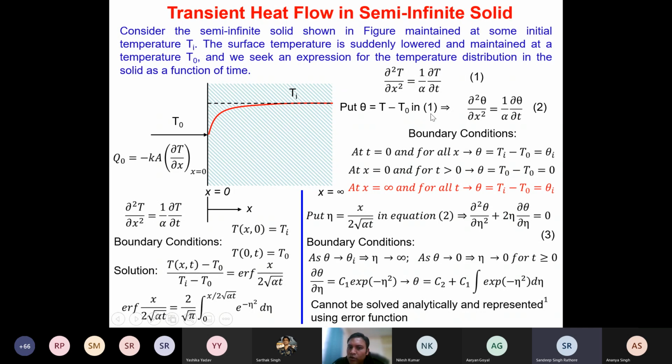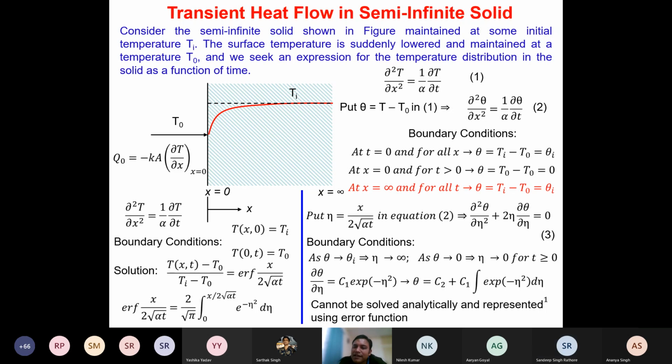Then you replace the dou x square and dou t terms. What you are going to get is equation number 3: dou square theta by dou eta square plus 2 eta dou theta by dou eta equals 0. Do you all agree with me so far? Yes, sir.